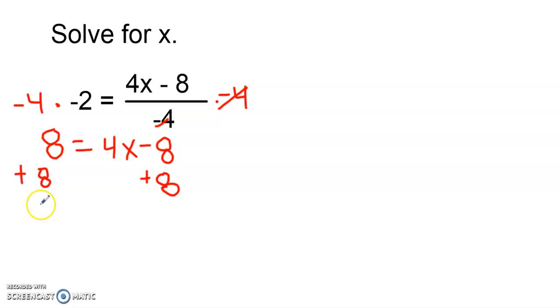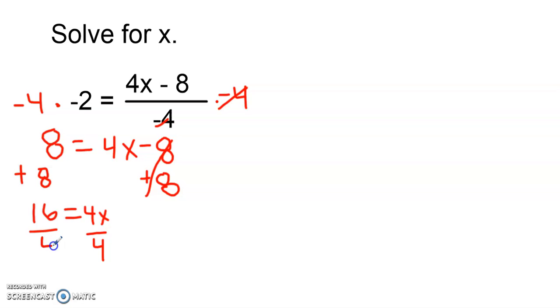So 8 plus 8, that's going to give us a 16 equals 4x, and then positive 8 minus 8 is 0, so that's going to cancel out. So now we've got to divide by 4 because these are timesing right here, and so that will be the opposite and undo it.